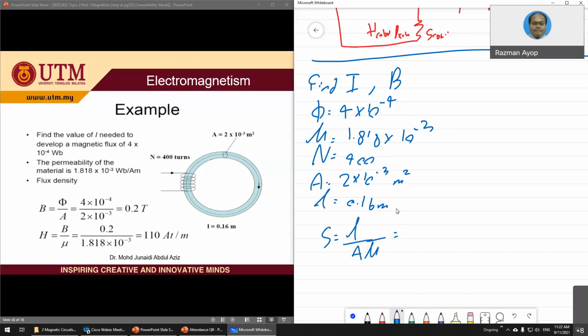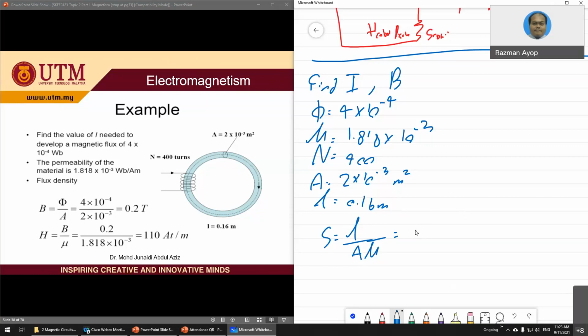So use your calculator. Make sure you practice because the number is either very small or very large. So 0.16 divided by the area, 2 negative 3, and divide by the mu, 1.818 negative 3.